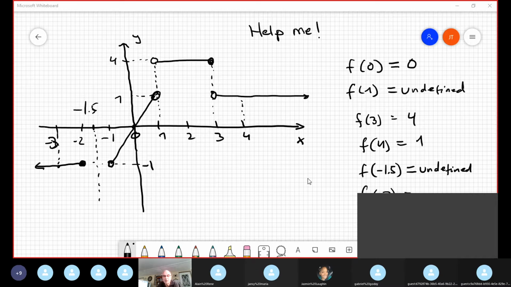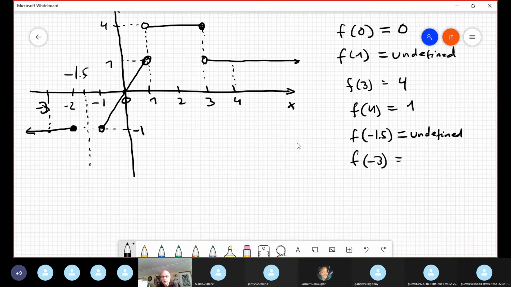I am happy, but I want to complicate it a little bit. Look, please look at the graph. Tell me what the domain of this function is. Domain, remember, is the x value at which the function is defined. If it's undefined, it does not belong to the domain.